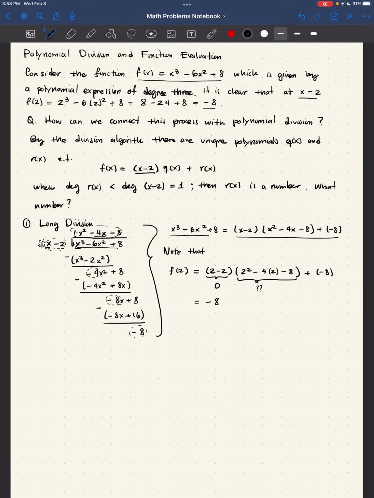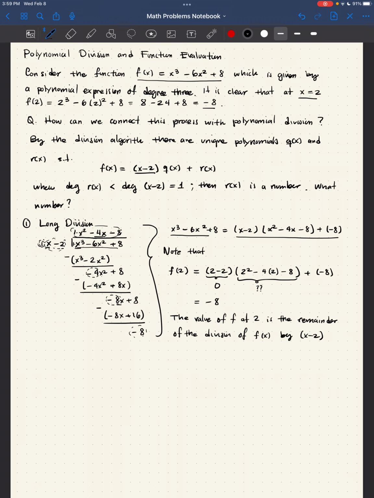Okay, so we can say the value of f at 2 is the remainder of the division of f of x, considered as a polynomial, by x minus 2.